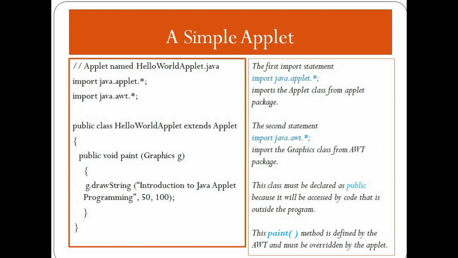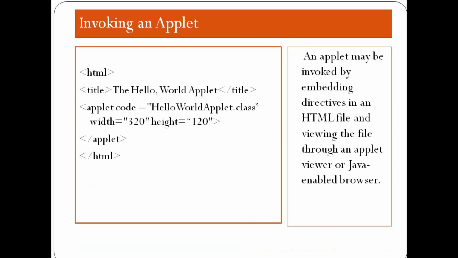Now after compiling this program, the .class file will be generated, that means HelloWorldApplet.class, and that class file we have to pass through this HTML file or through this applet tag. So an applet we invoke by embedding directives in an HTML file.